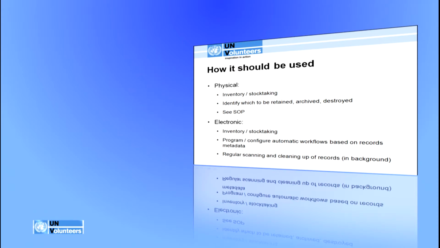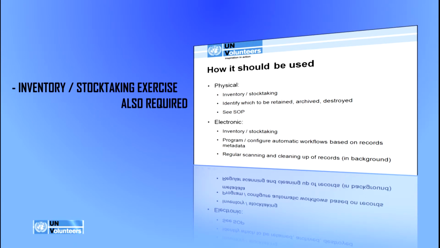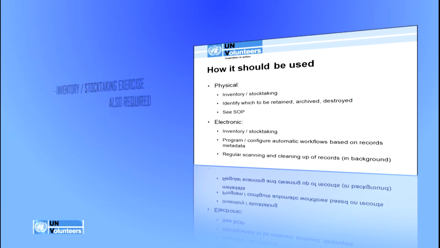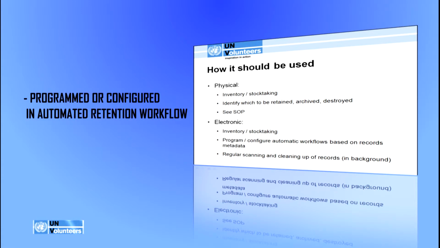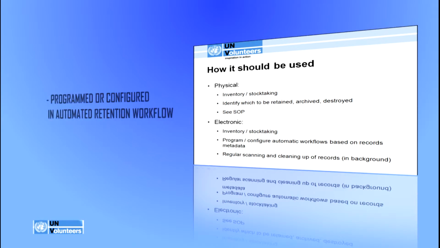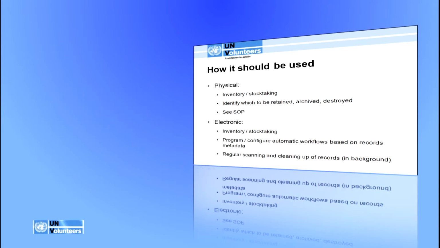Electronic records. For applying the retention schedule for electronic records, here also an inventory or stock taking exercise is required of existing records, that is, in what systems they are stored. Subsequently, the retention and disposition rules are programmed or configured in automated retention workflows, which are able to regularly, as a scheduled job, scan records metadata, which contains information on records' last modified dates, and from there apply relevant retention and disposition actions.